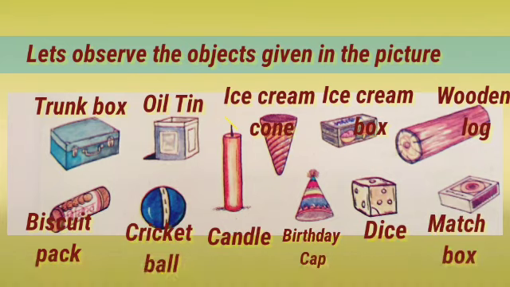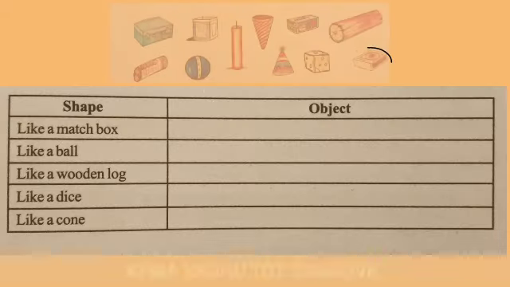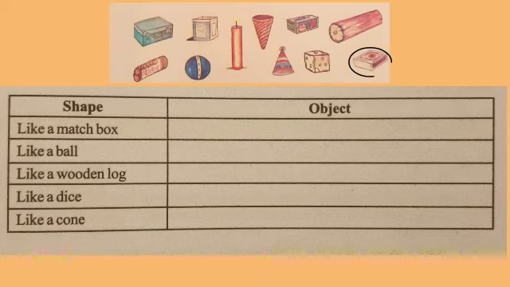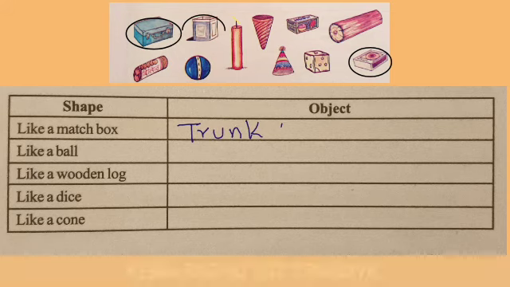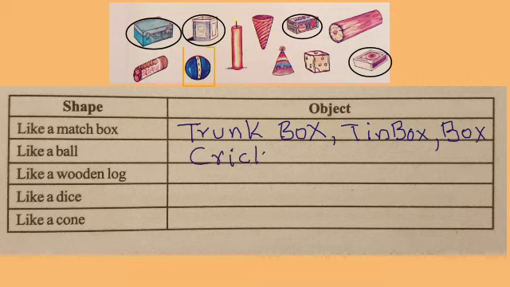All these objects have some specific geometrical shapes over the surface. Let us identify these objects by distinguishing them. Like a matchbox, there is a trunk box, tin box, ice cream box.